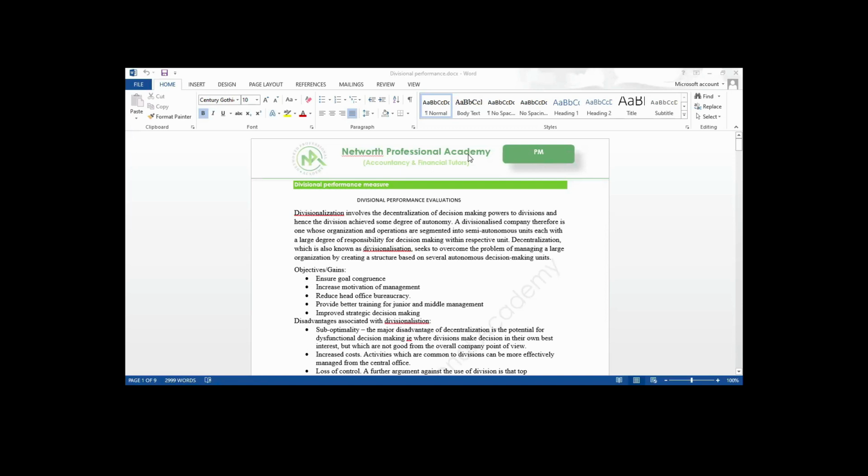Divisionalization involves the decentralization of decision-making powers. When we say divisional structure, this involves decentralization of decision-making powers to division. Hence, division achieves some degree of autonomy and freedom.